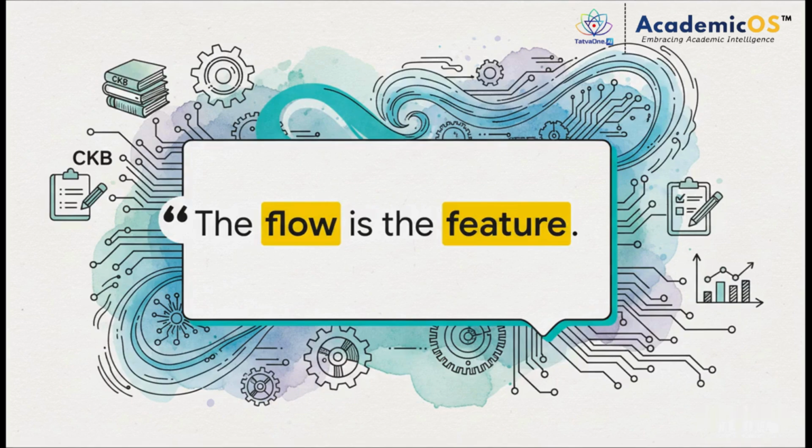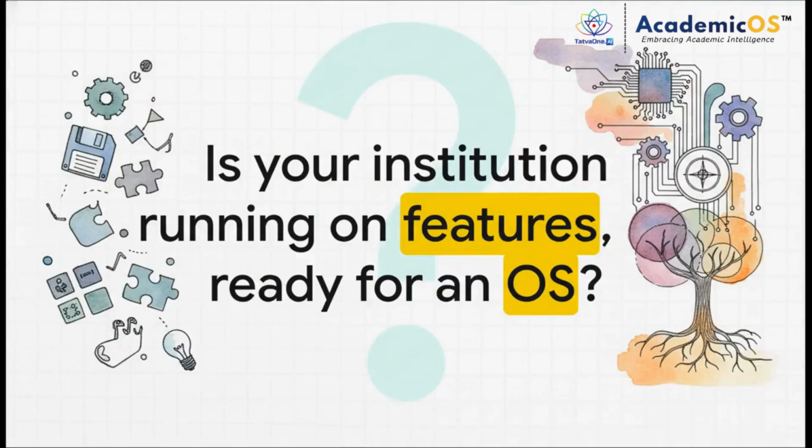It's the seamless, connected, and intelligent workflow that ties all of them together. That's the magic. And that really just leaves us with one final question to think about. When it comes to pursuing academic excellence and truly verifiable learning, is your institution still just running on a collection of separate features, or is it ready to upgrade to a complete operating system?